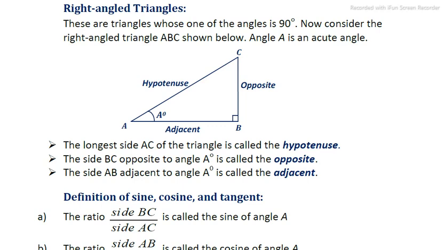And where angle A is facing is the opposite. And the longest side is the hypotenuse. So on a right-angled triangle, we have three sides. That is the adjacent, the opposite, and the hypotenuse.